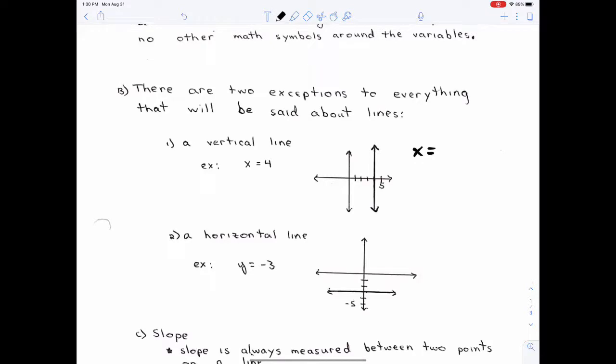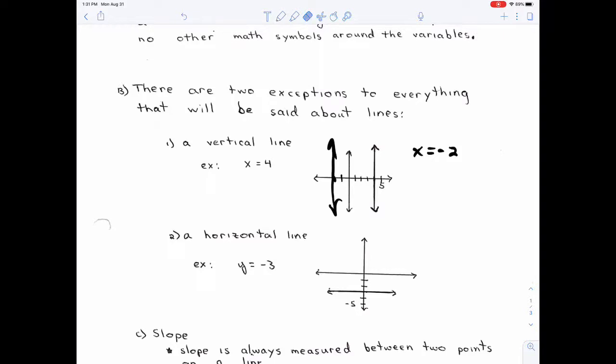In this case, it's like x equals 4, so it's a vertical line through x equals 4. If it was x equals -2, then you'd go out to -2, and you draw a vertical line through -2. Okay? Horizontal line. Every horizontal line has the equation y equals a number.